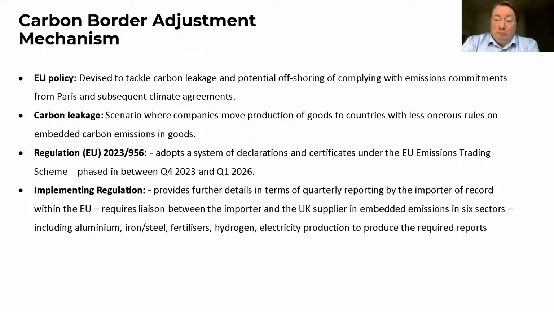So it is now compulsory that for 6 categories of goods, including aluminium, iron, steel, fertilizers, hydrogen, and electricity production, you as the producer of goods, and it's not simply iron and steel bars we're talking about. It can involve downstream applications of those goods.